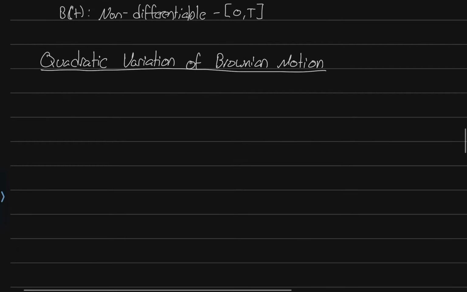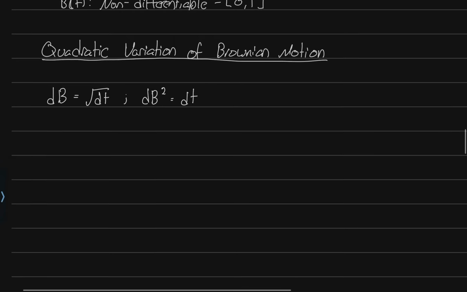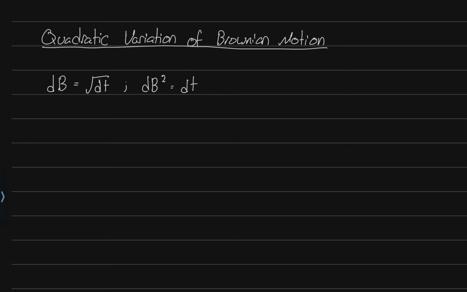And essentially what this states is when I have dB, that's actually equal to the square root of dt. And another way to write this is dB squared is equal to dt. Cool.